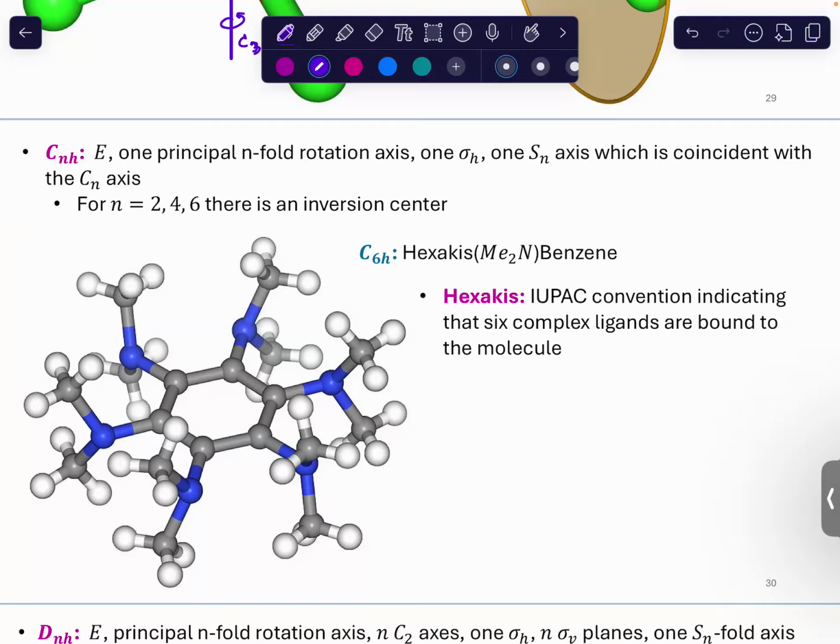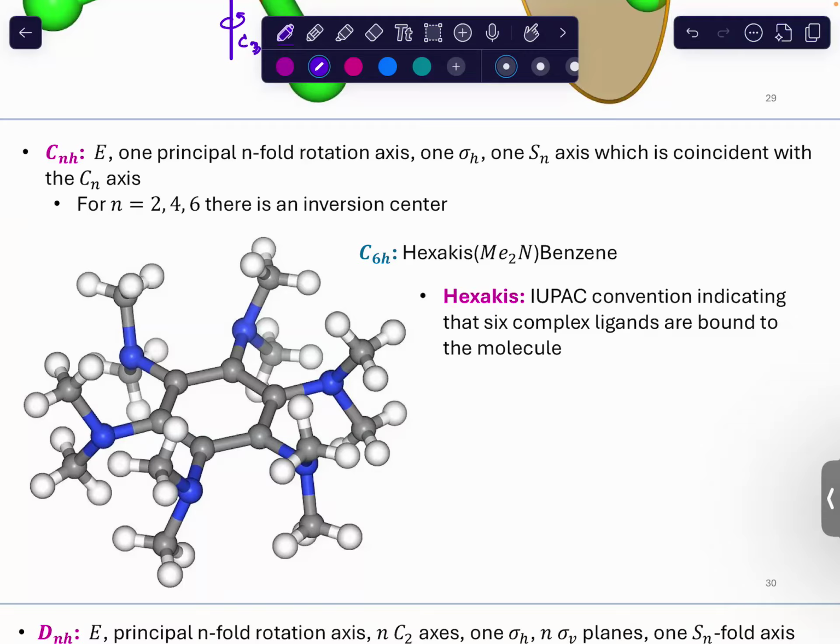Right. Hexakis. This is a new term for you. That's an IUPAC naming convention indicating that 6 complex ligands are bound to the molecule. Do you remember when we were doing general naming and we had hexa meaning 6? Yeah. We usually use hexa for more simple molecules. However, you could use hexakis for all molecules and be right.